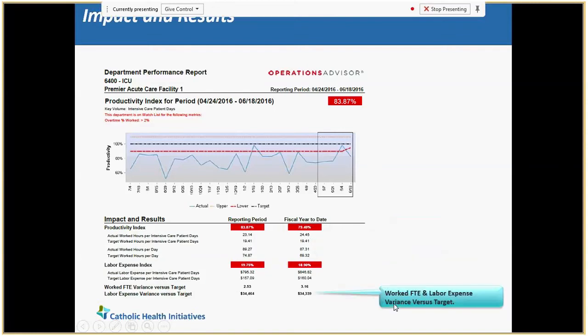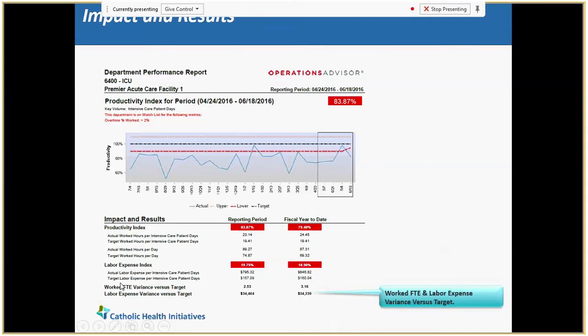Now this was different than what we had in Visionware. Did not have dollars. You could look at your total labor dollars, but you couldn't see it in terms of a target. So we have loaded a dollars per unit of service target based on the FY18 budget, just like the hours per unit of service target, which is used to calculate the productivity index.